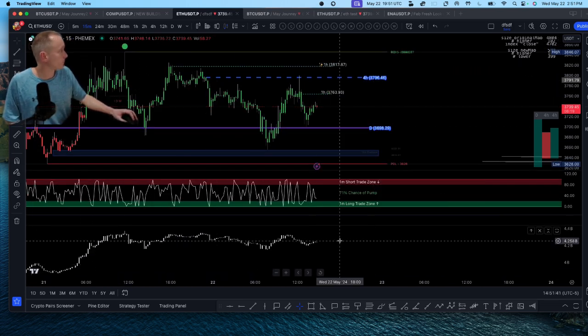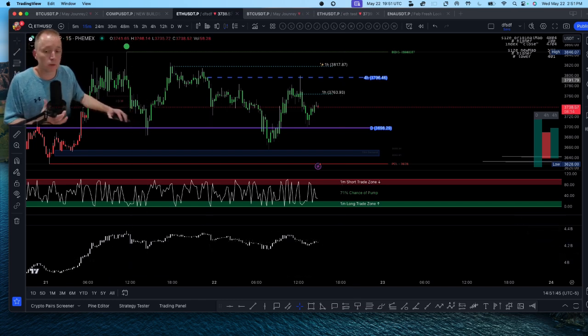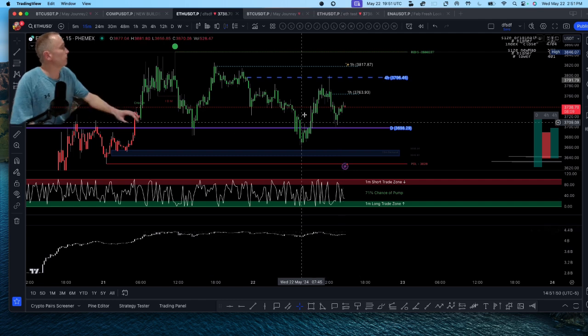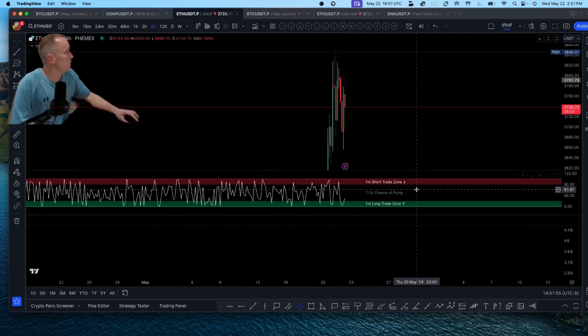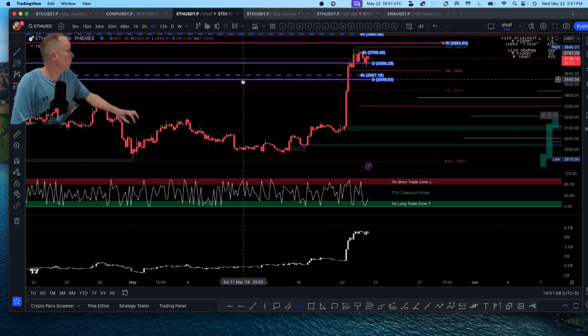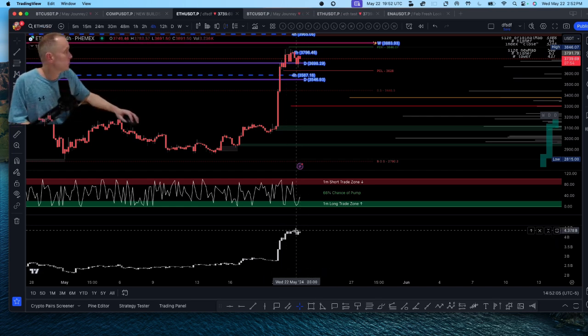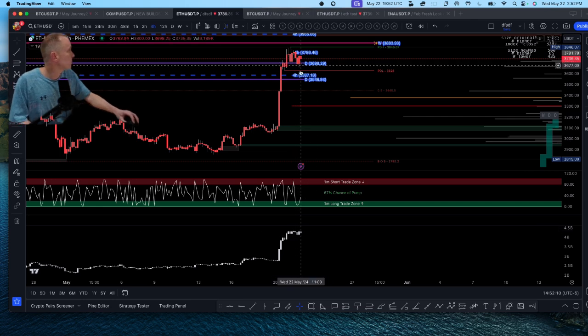For example, right here on my chart we have open interest on the bottom, like we were looking at in the other example. And this is Ethereum. What I'm trying to demonstrate here is, looking at these high time frames on Ethereum, open interest is, for the most part, not declining yet. So we'll have to wait and see.